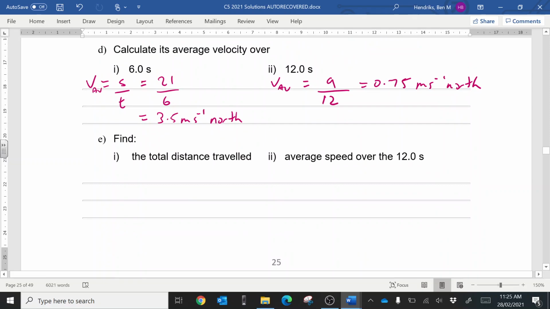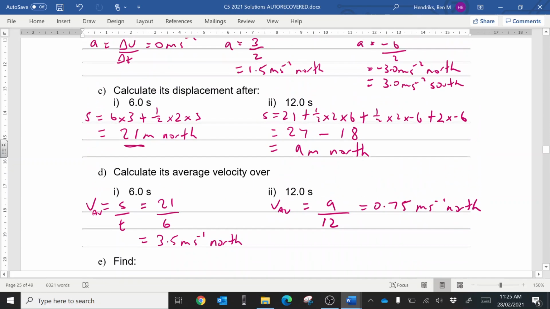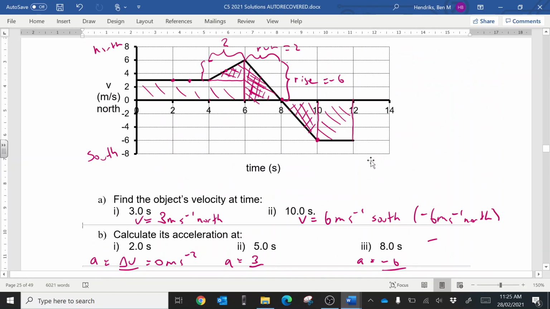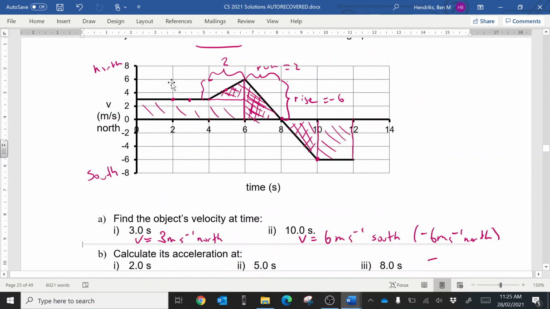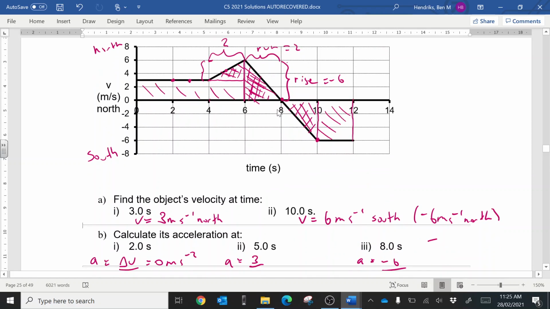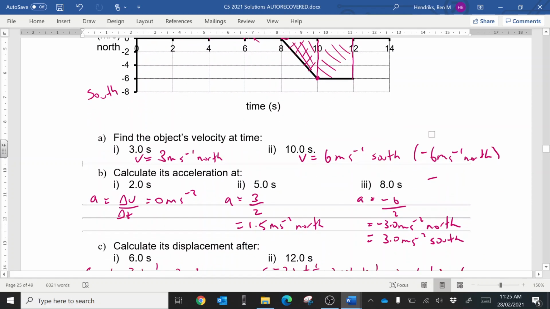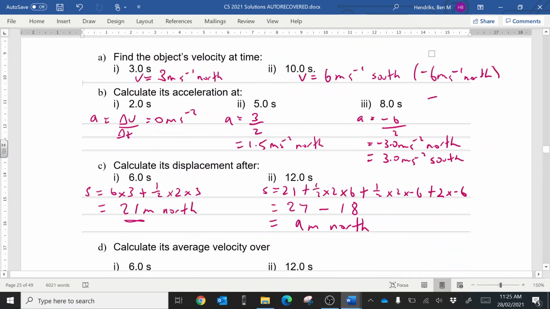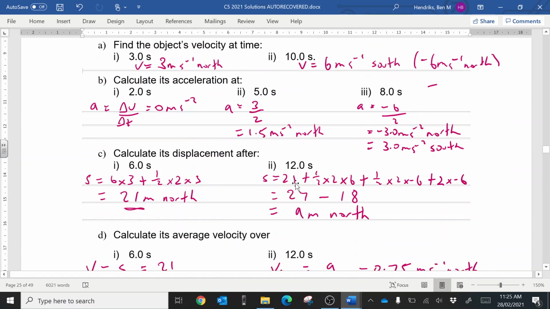Next we have to find the distance travelled. We find the distance travelled in the same way. Remember, distance and displacement have the same units of meters. So it's easy if it's all positive. We get 27 meters up to this point here, up to 8 seconds. And then we start heading south, and we end up going 18 meters south.